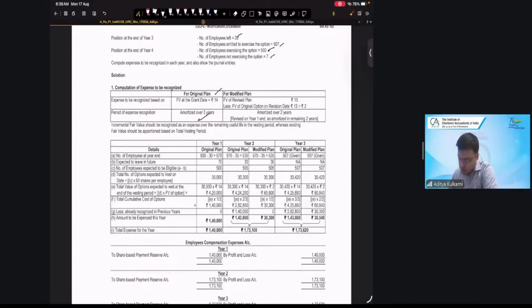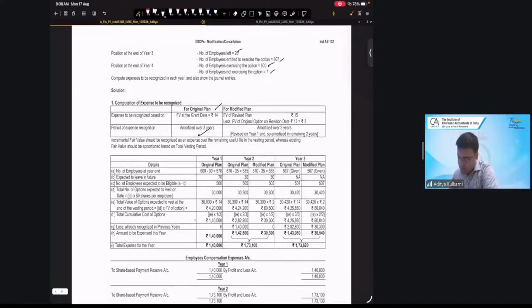So year 1 original plan, we had 600 at the beginning, 30 left, 70 expected to leave, 500. Then year 2 original plan 535, 570 minus 35, 535, expected to leave 30, so 505. Year 3 number of employees at year end 507. Number of employees expected to leave not applicable.